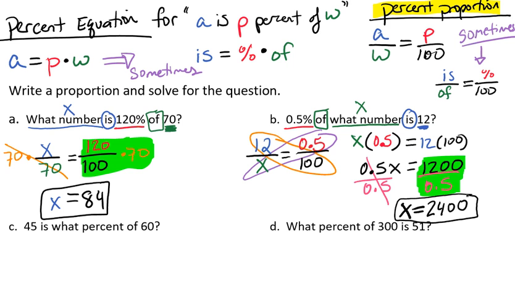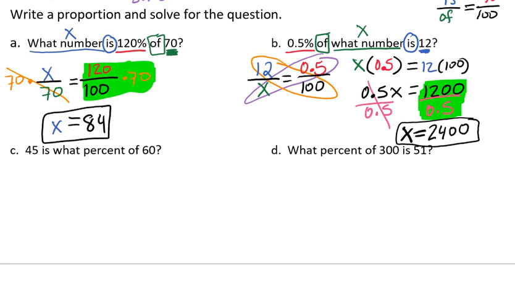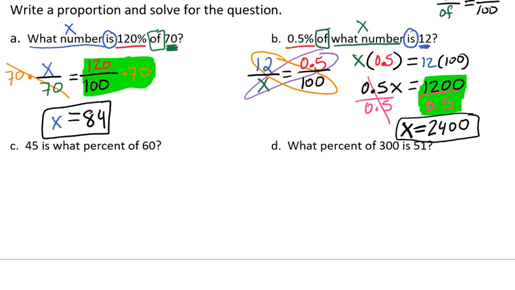Let's try another one. Here we have 45 is what percent of 60. So let's set up our proportion. We're going to put our 100 down. We're going to find the symbol of percent or the word. We found the word, and because the what came before it, that's going to be our x. Then we're going to find our of, and the number that comes after it goes in our of spot.